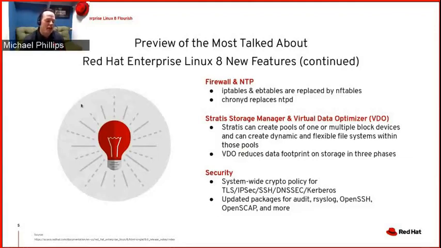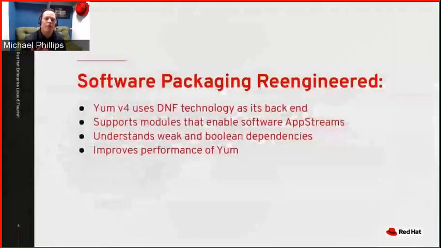I know that this little source URL at the bottom of this slide is pretty tiny, but really just go to the release notes. If you go to the release notes for Red Hat Enterprise Linux 8, it's going to talk about this plus a lot more. And so these are some of the new features that are being talked about quite a bit. Let's jump into some other components.